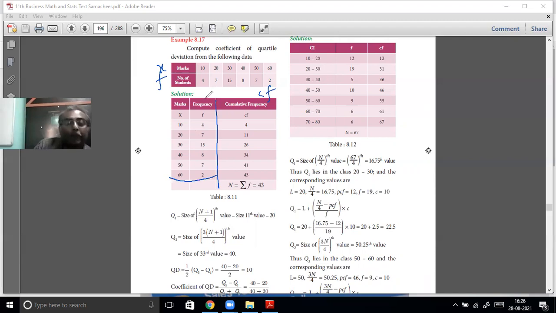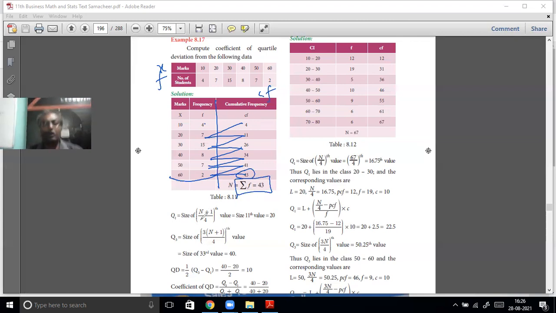Now you find the cumulative frequency. 4 plus 7, 11. 11 plus 15, 26. 26 plus 8, 34. 34 plus 7, 41. 41 plus 2, 43. So sigma F is 43, that means N is 43. Now you have to find Q1.